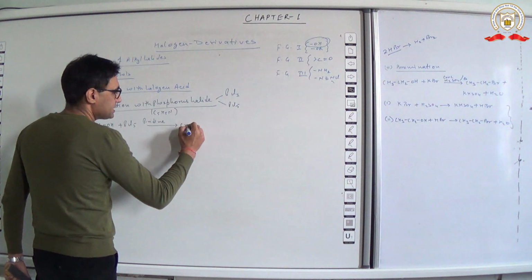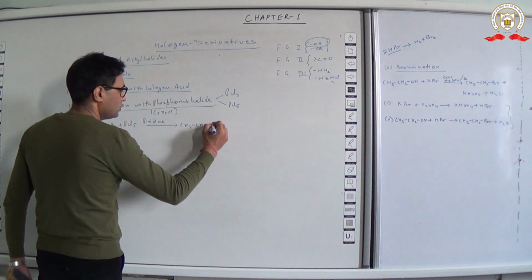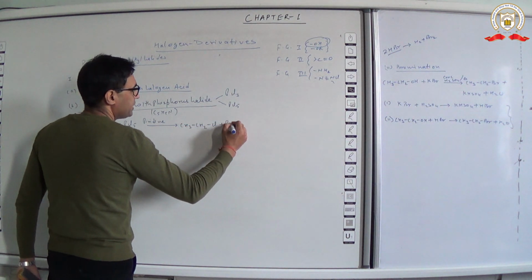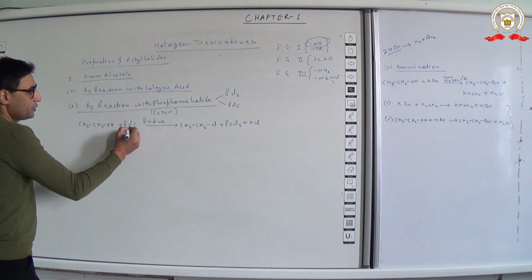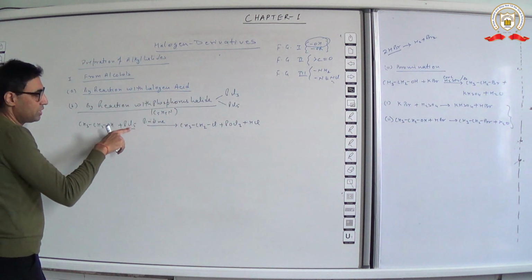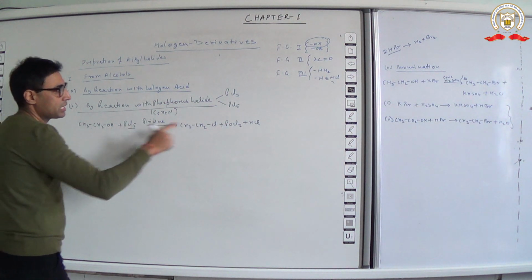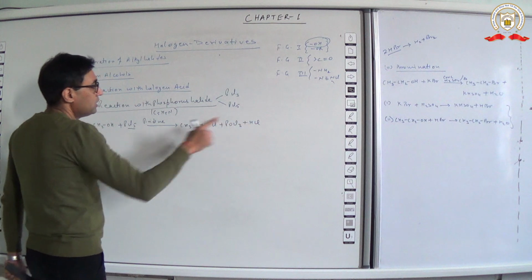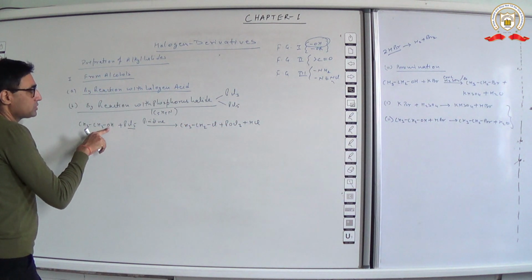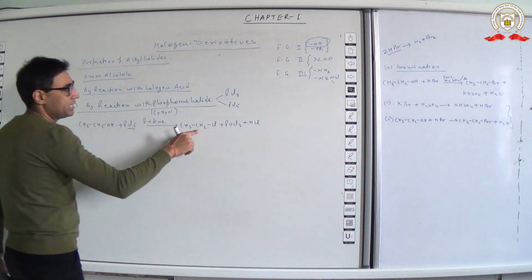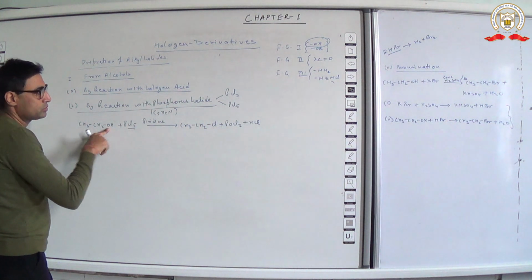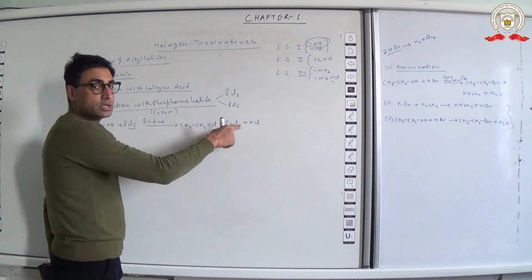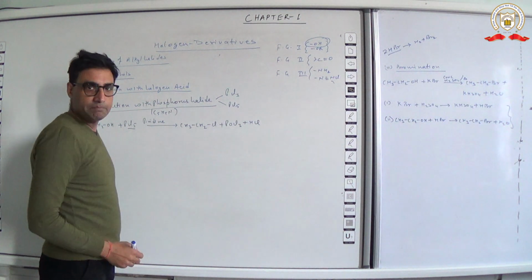I will get a compound that is CH3CH2Cl along with POCl3 and HCl. See, you have got 5 chloride ions. One of the chloride ions will combine with H, that will come out as HCl. Another chloride ion will substitute this oxygen, so it will come here, you will get Cl. You are left with PCl3 and oxygen, so they will come out as phosphorus oxychloride, POCl3.